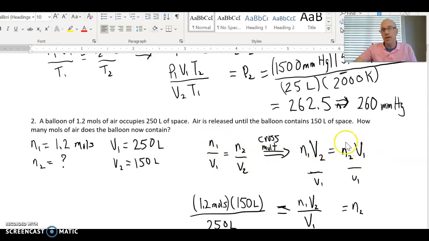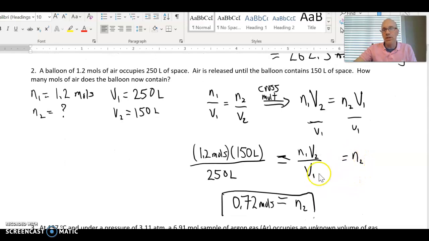We're going to cross multiply, which would originally give us this expression up on top, but we want to get N2 by itself. To do that, we divide both sides by V1. That gives us this expression, and we plug our values back into that expression and we will get 0.72 moles.